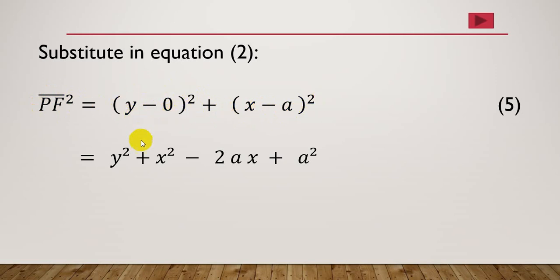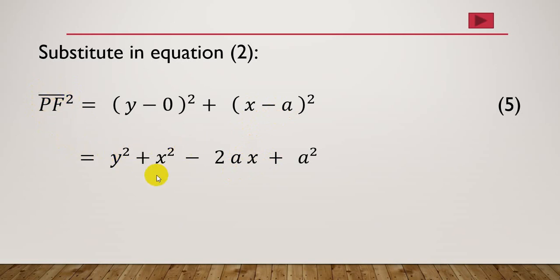So now we can see in another form that y square plus x square plus a square minus 2xa gives me BF square.